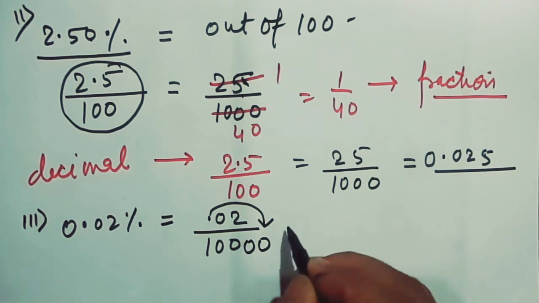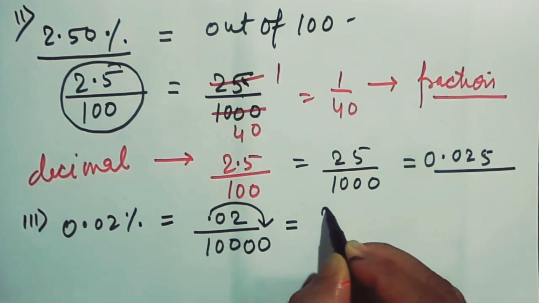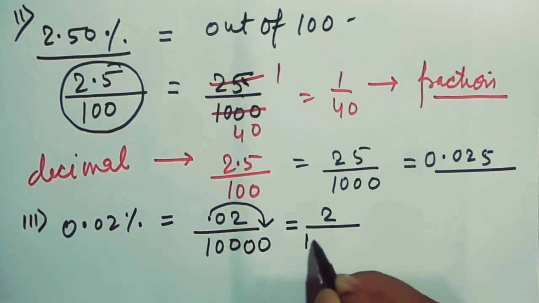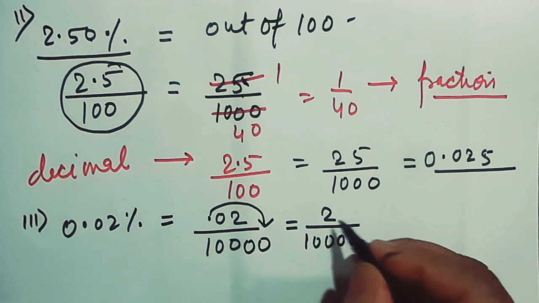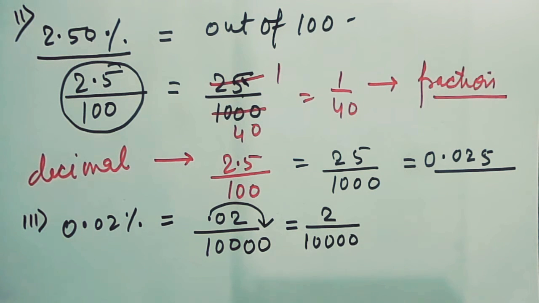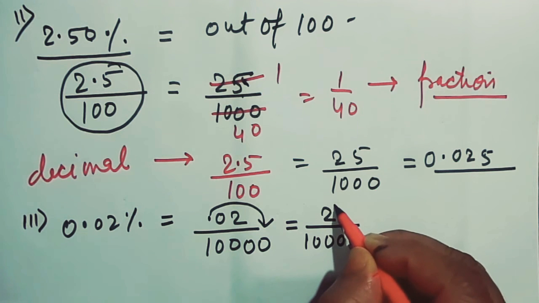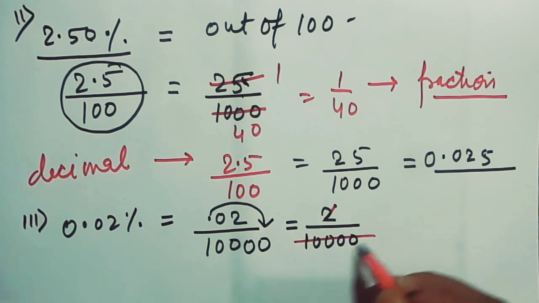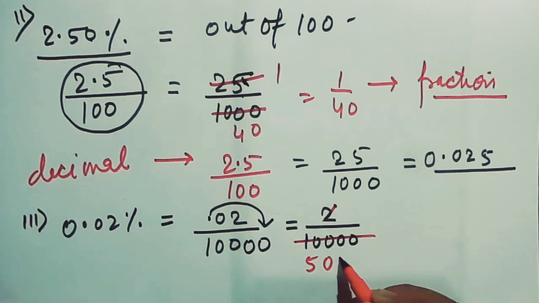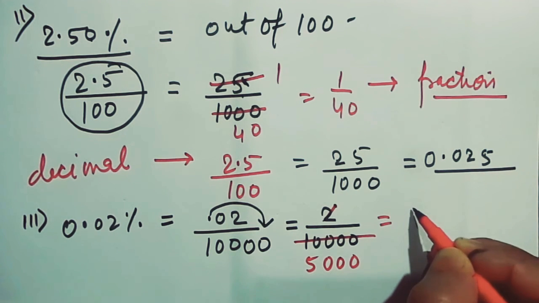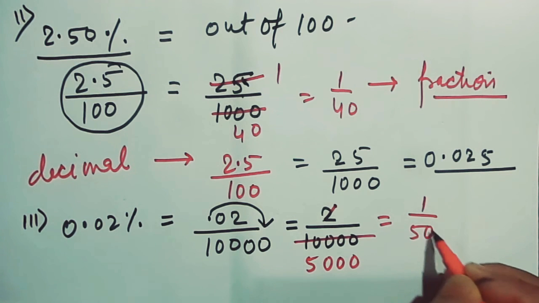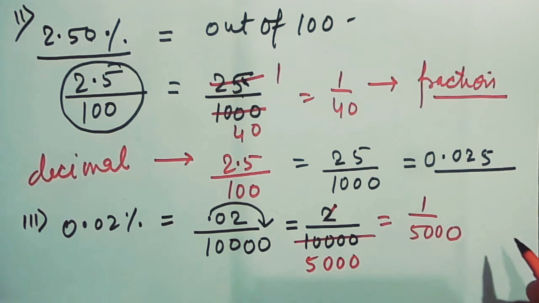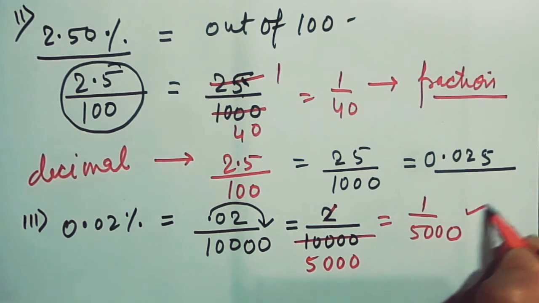So the same value has changed to 2 by 10000. On simplification, 2 5 times 000 is equal to how much? Is equal to 1 by 5000. This is in fraction form.